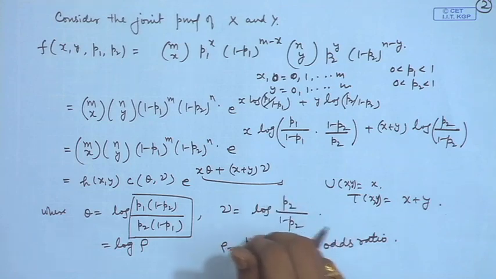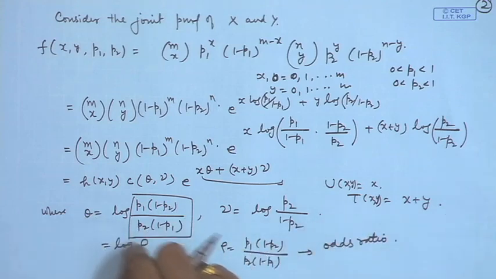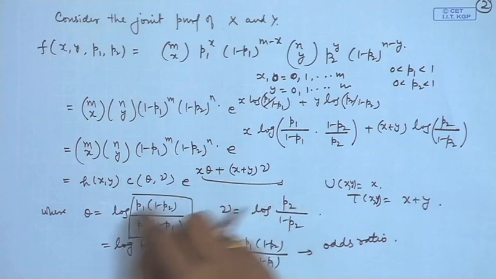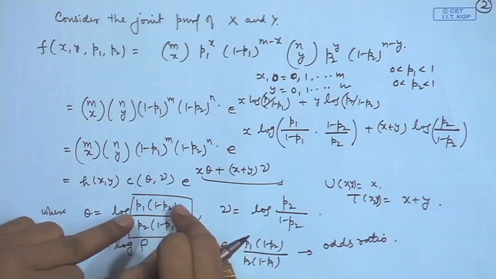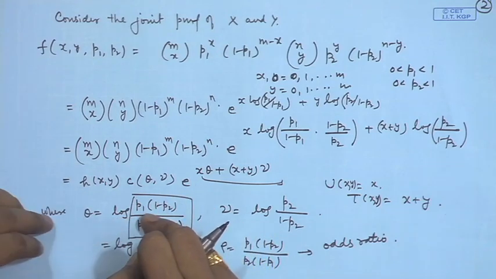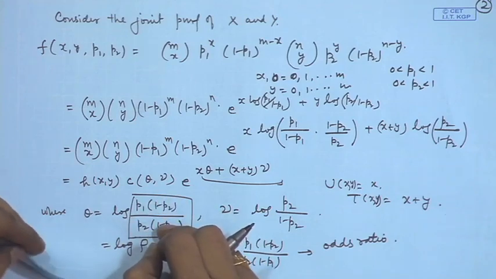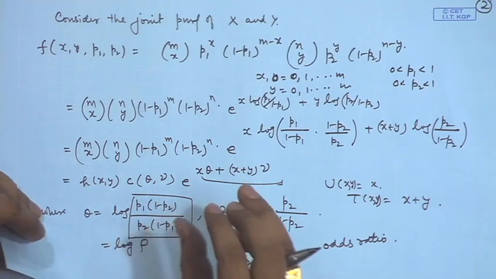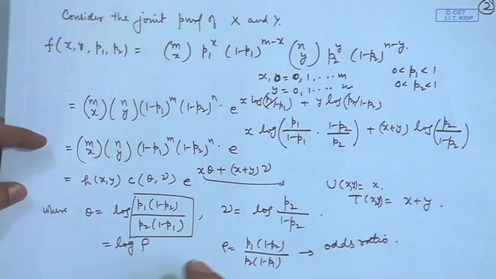So, therefore, this ratio is also called odds ratio, and we are able to write down the parameter theta in terms of this. Notice this manipulation is helping us to write a function which is involving both p 1 and p 2. Now, let us see whether this is helpful in testing a hypothesis regarding comparison between p 1 and p 2.